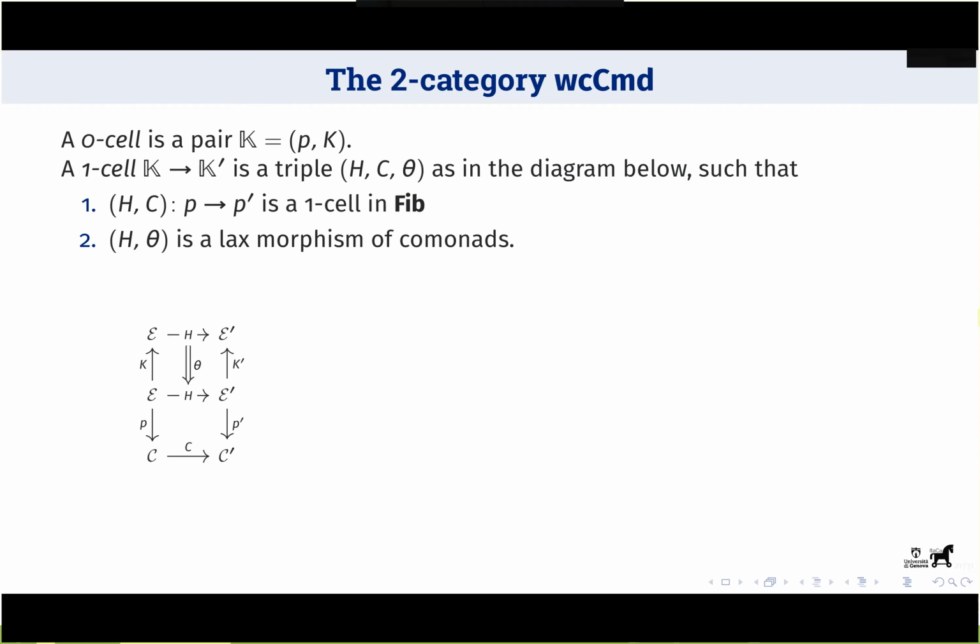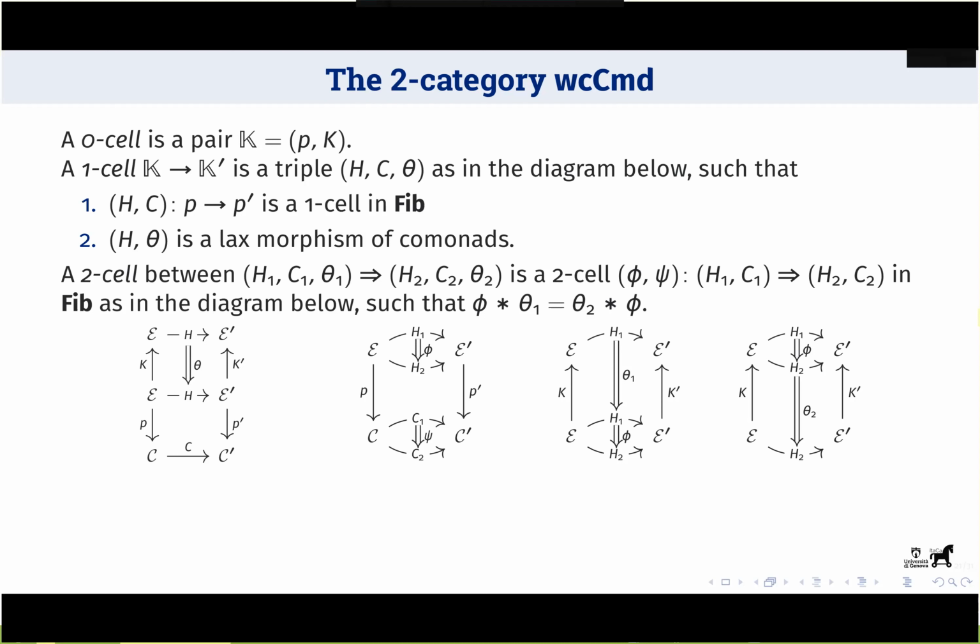Okay, so we have fibrations and comonads on them, and they can interpret weakening and contraction. And now we need to make them into two categories. So a 0-cell is a pair P, K, and I just omit the epsilon and the delta. A one cell is a triple such that we have a morphism of fibration, so a one cell phi, plus a lax morphism of comonad, theta. And then a two cell, you can imagine what that needs to be.